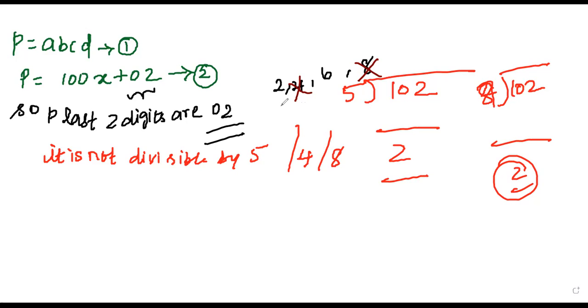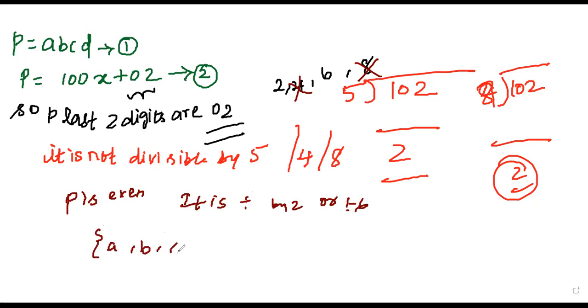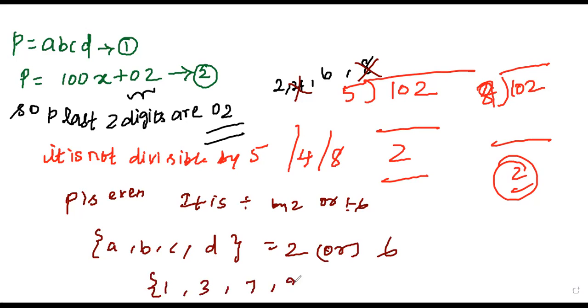So P is even, so it is divisible by 2 or 6. I hope it is clear. Which means one among A, B, C, D is going to be 2 or 6. Just one. The remaining are going to be 1, 3, 7, 9.